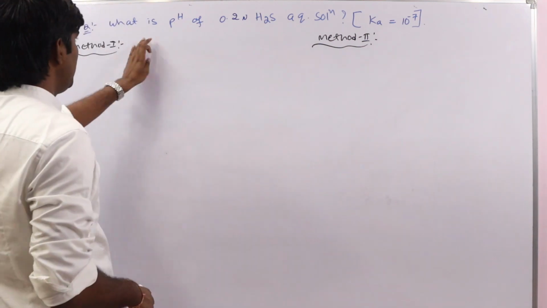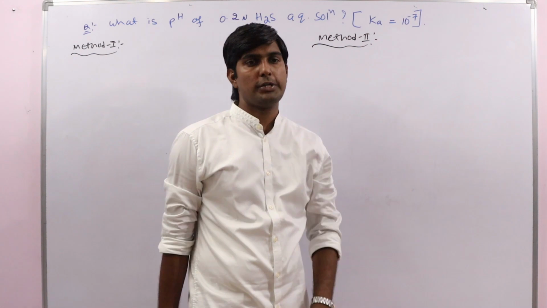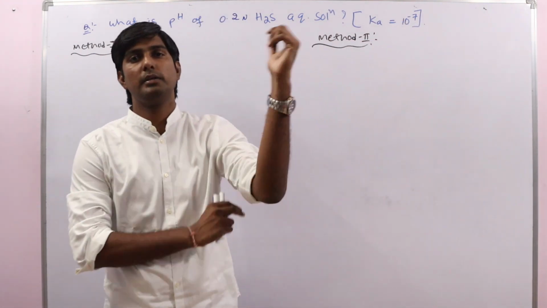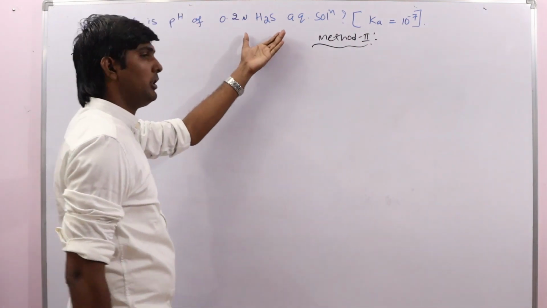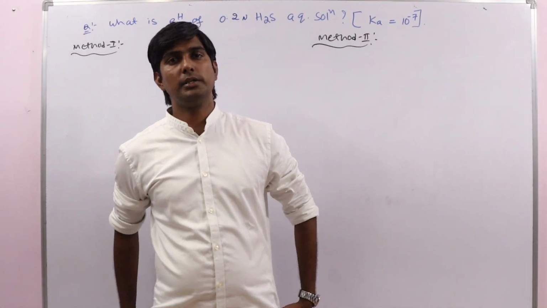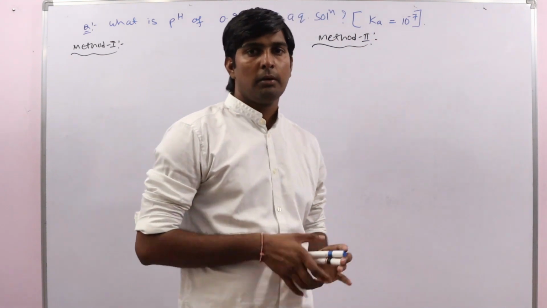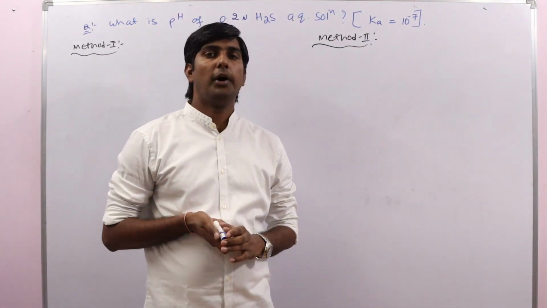So here, what is the pH of 0.2 normal H2S aqueous solution? Ka of H2S is given as 10 power minus 7. See here, first we should identify whether that is a strong acid or weak acid. If that is a strong acid, we can use pH equal to minus log H plus. But if that is a weak acid, we cannot use that formula, right?